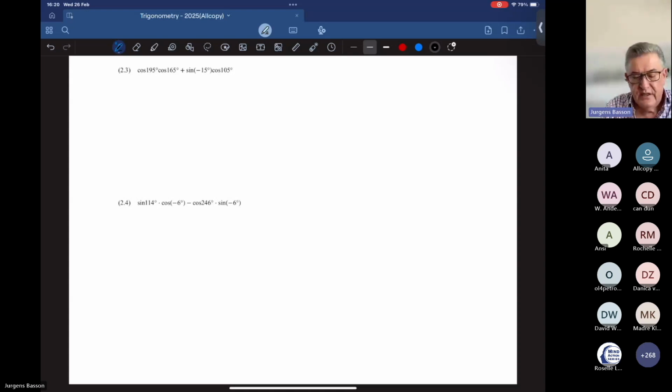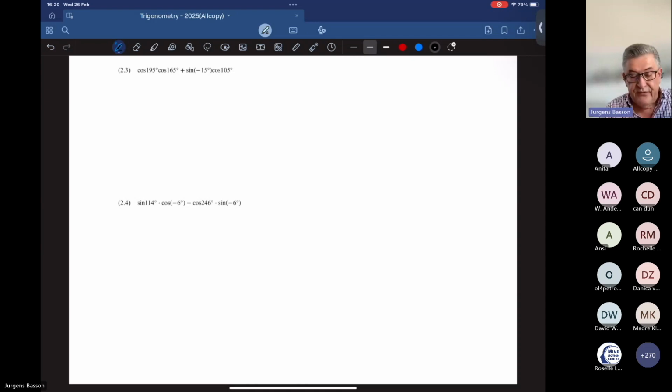Cos cos, sine cos. So there's a little bit of an issue. The cos cos we're comfortable with, but then it must be sine sine. But maybe that cos of 105, because it's a given angle, we can use cofunctions and change it to sine. But the main thing is we must, first of all, change all the angles to acute. That's always the safest way to approach these questions.